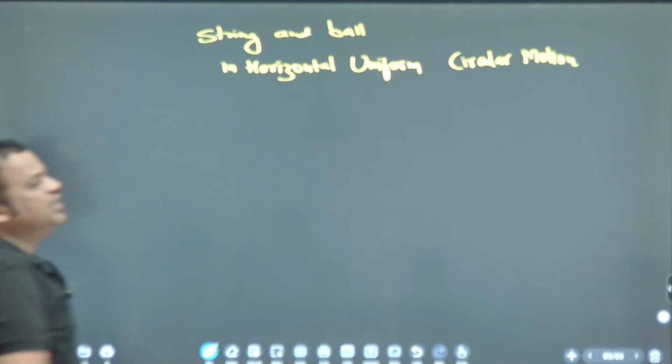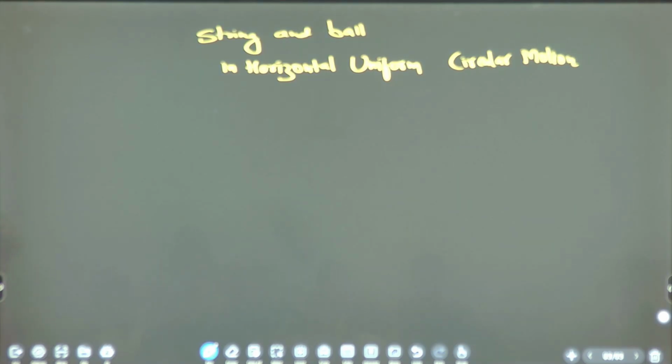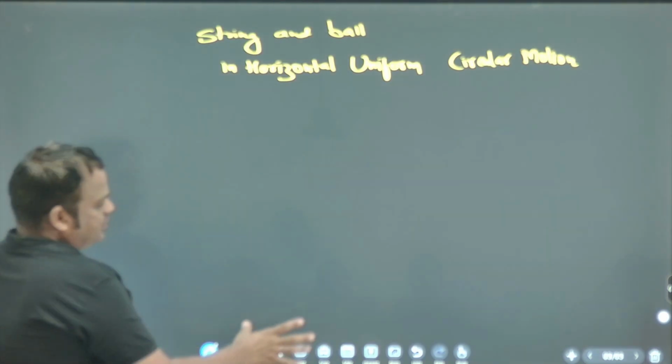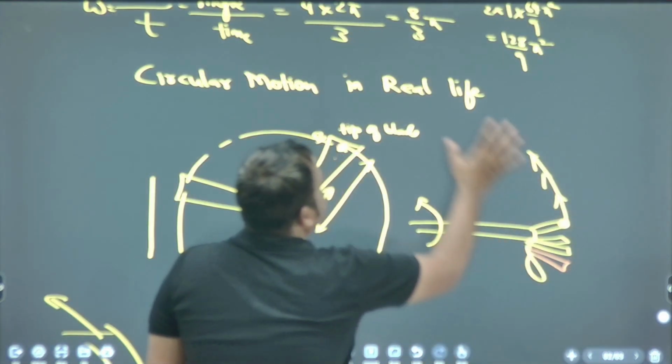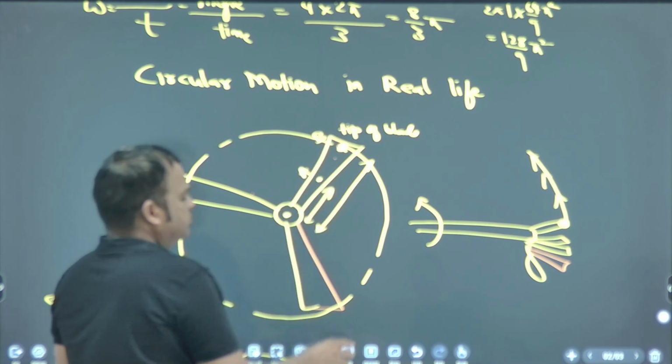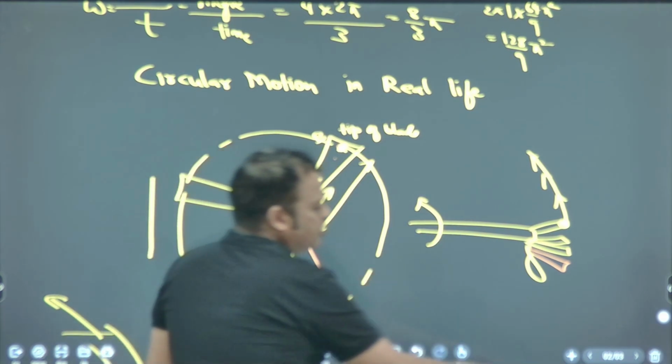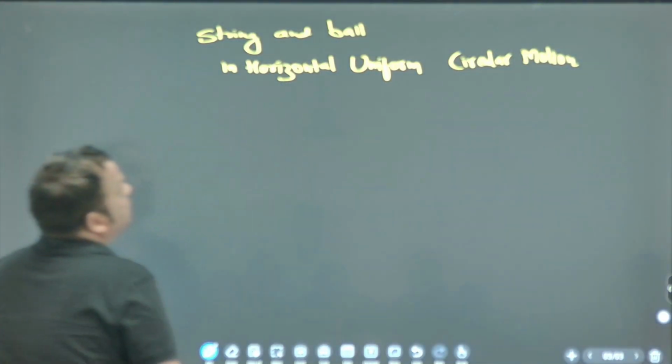Now we are studying in more depth. The examples we have seen are just examples. Now we are going to discuss them in detail.